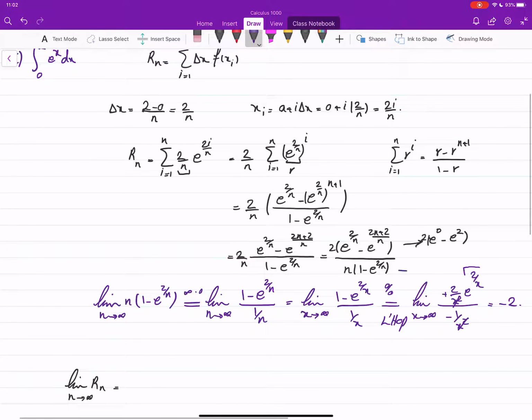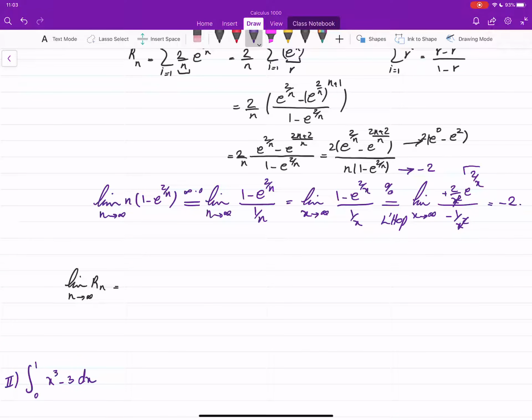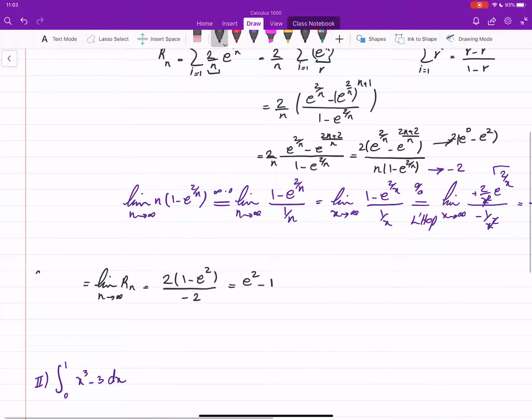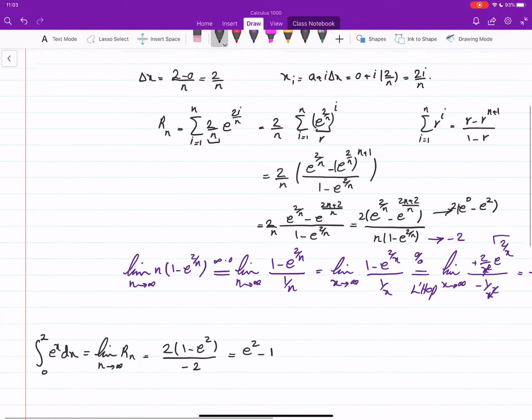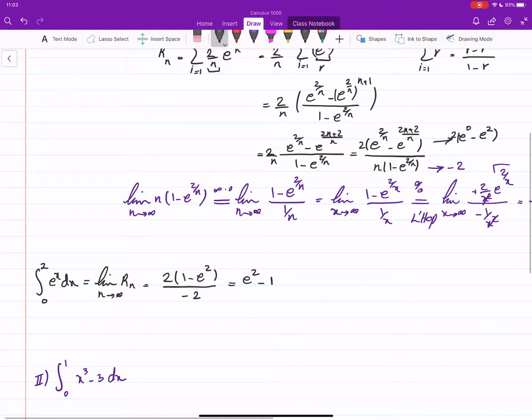So the denominator has limit negative 2, hence the limit is going to be equal to 2 times 1 minus e squared over negative 2, in which these two cancel and you get e squared minus 1. And we know that this is the integral from 0 to 2 of e to the power x dx. Yes, so we found the value e squared minus 1.